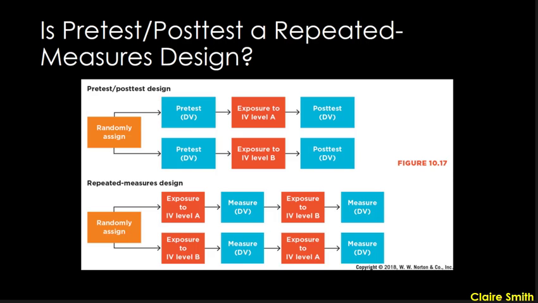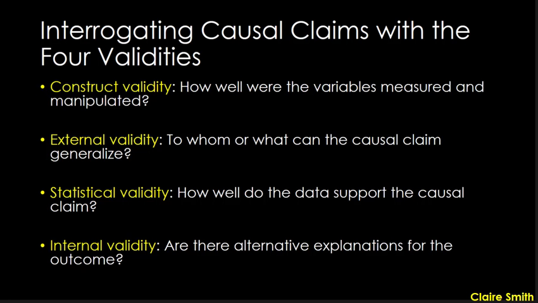And then the last bit here, review. This is a long lecture, I'm sorry. Interrogating causal claims with the four validities. We've talked about these so many times; they should be well ingrained in your head by now. Construct validity looks at how well the variables were measured as well as manipulated.